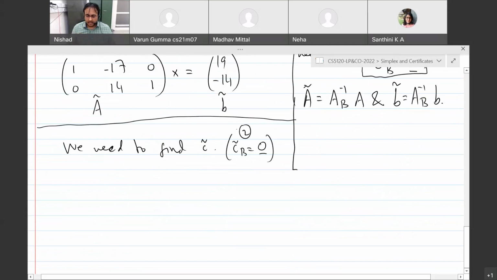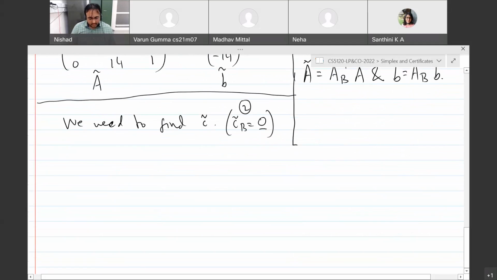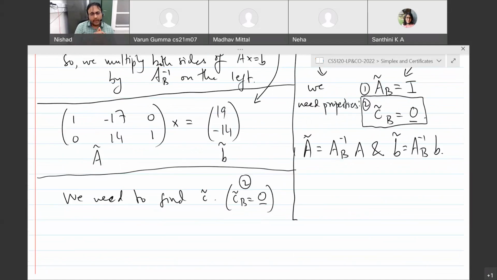If you think about what we are doing in the dictionaries, at every point we are just doing row operations. So we are going to do the same thing. We want to do row operations and make sure that those entries in the objective function become 0. So we want to take some linear combinations of the given constraints, add them to the objective function, and get this property that we are looking for.